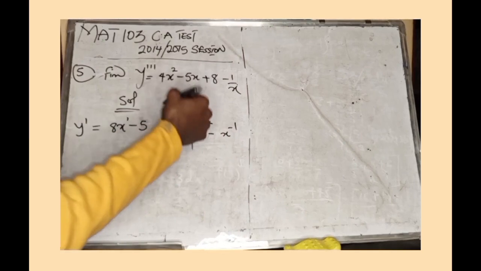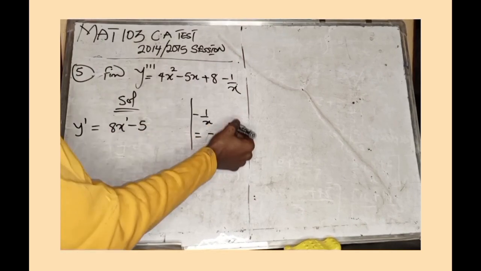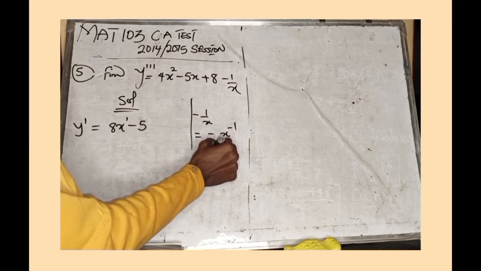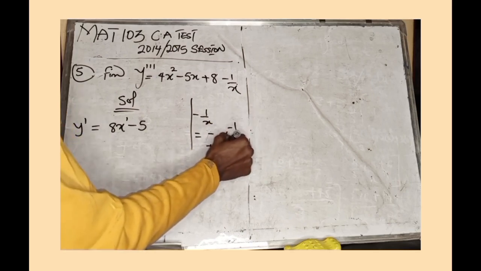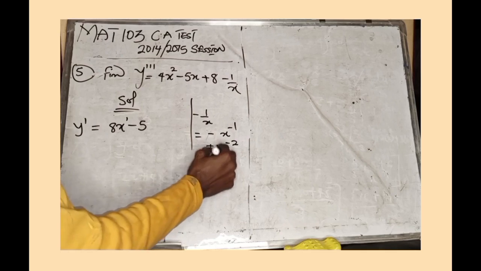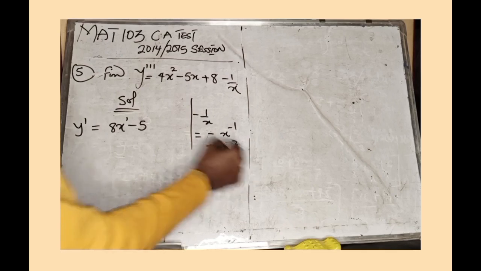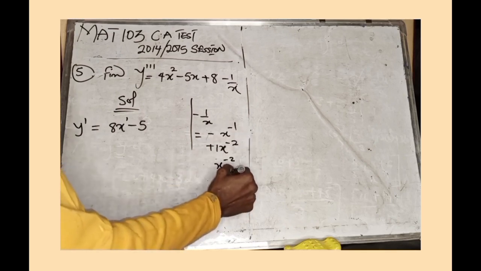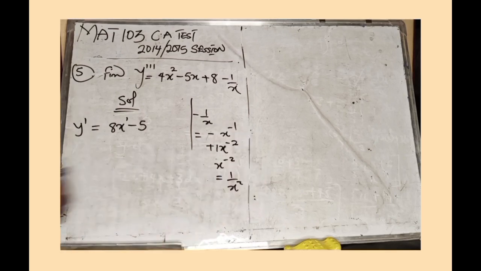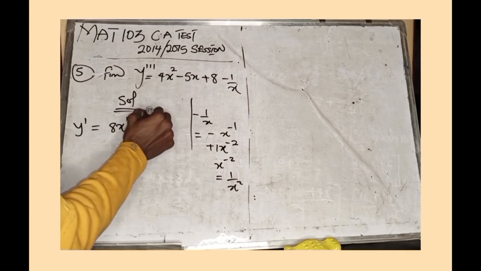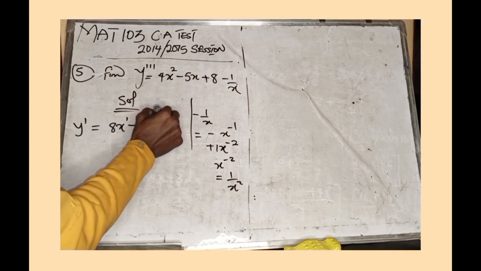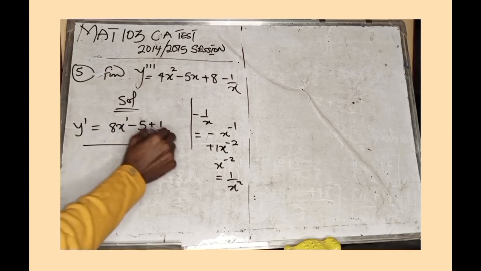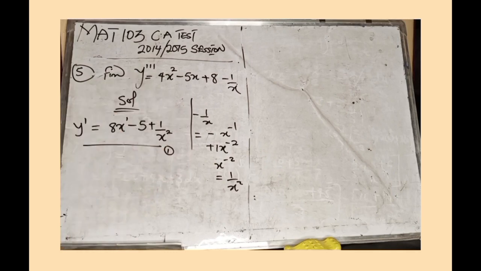Bringing this minus 1 to multiply this minus here, I will have plus 1 times x, then minus 1 minus 1, which is minus 2. So lastly I'm having just x power minus 2, which can still be written in fraction form as 1 over x power 2. So here I now have it as plus 1 over x power 2. So this guy now is my first derivative.